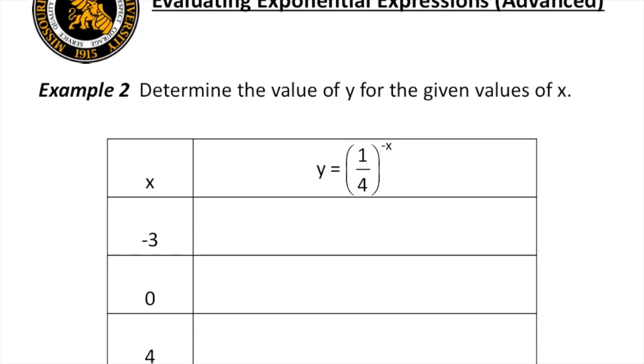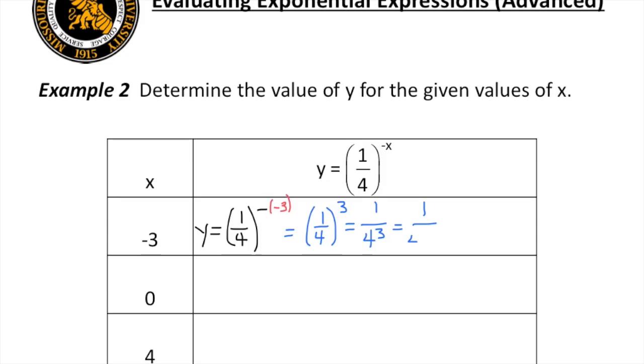In example 2, our equation is y equals 1/4 to the -x power. Evaluating this equation for x equals -3, we have 1/4 to the opposite of -3 power. The opposite of -3 is a positive 3, and 1/4 to the 3rd power is 1 over 4 cubed.